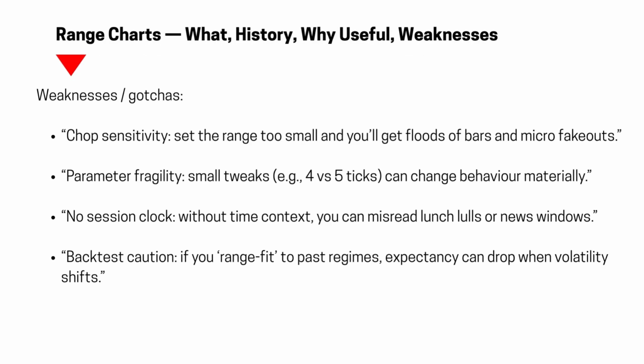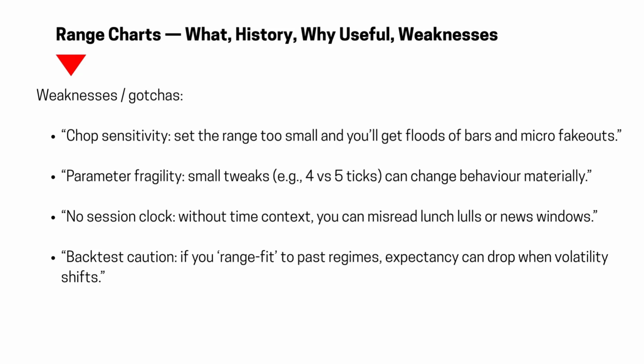So what are the weaknesses, the gotchas of range charts? Well, chop sensitivity: set the range too small and you'll get floods of bars and micro fake-outs. Parameter fragility: small tweaks, for example 4 versus 5 ticks, can change behavior materially. No session clock: without time context you can misread lunch lulls or news windows.